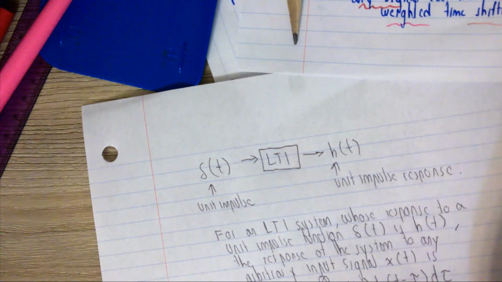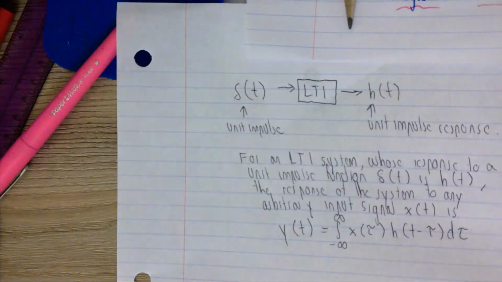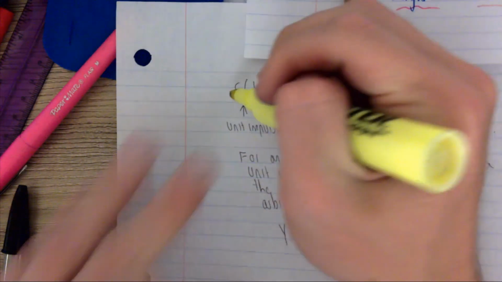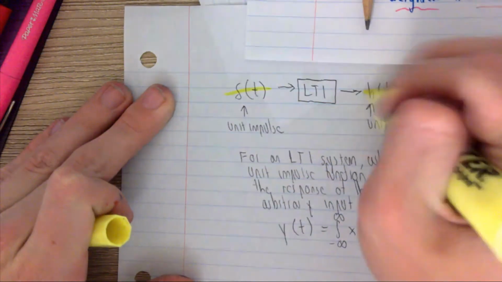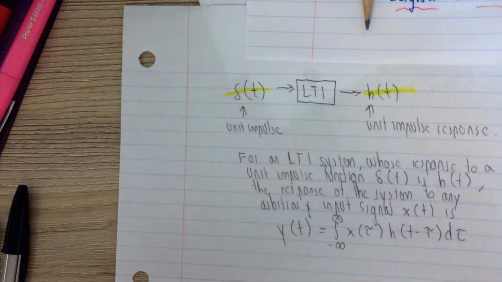Okay. Oh, sorry. And now that we covered that, basically what this means is just any unit impulse we have here through an LTI system will create a unit impulse response. And so that unit impulse response basically will tell us everything about how that system works, and that's the big part of it.